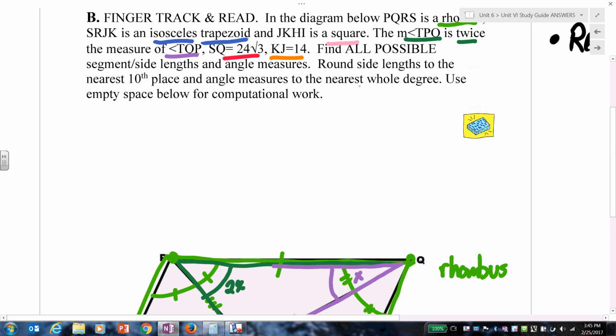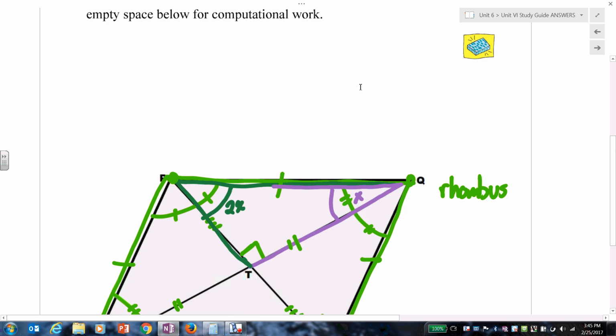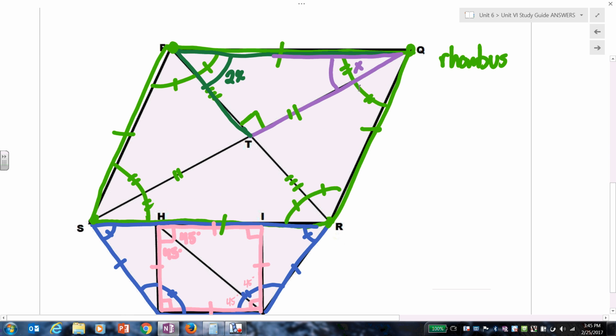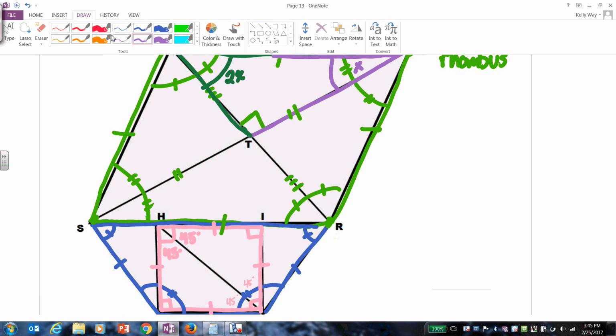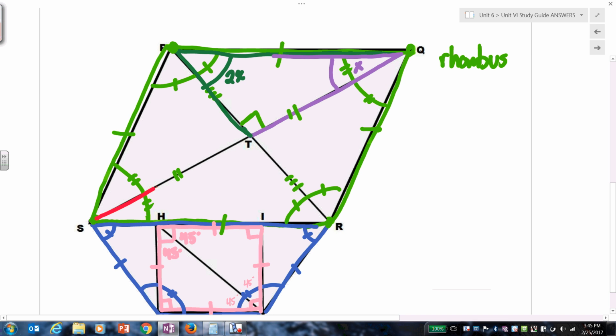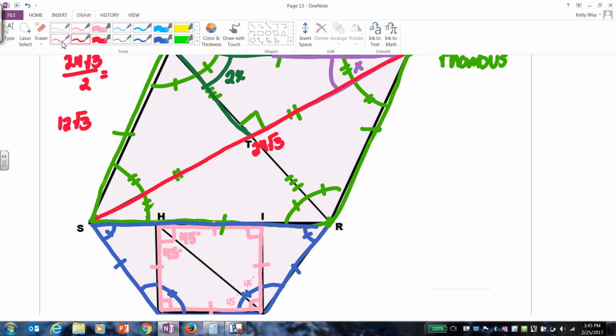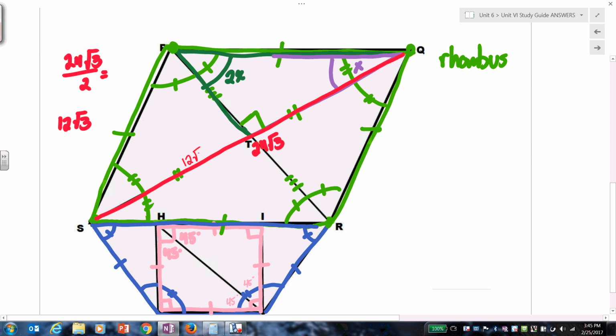You're also told that SQ is 24 root 3. So this whole thing, S to Q, is 24 root 3. If I divide that by 2, I get 12 root 3, which means each of these diagonals here are 12 root 3 and 12 root 3.